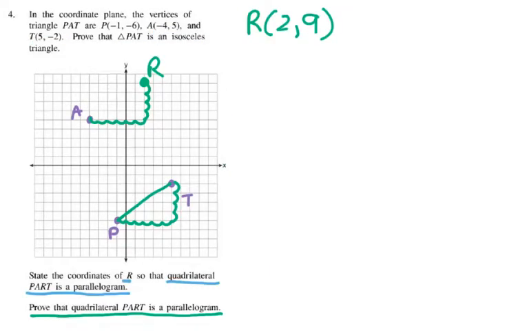Since I already counted my boxes easily here, I can find my slopes of both AR and PT. So I can write that the slope of AR is equal to, again, just counting my boxes, I moved 1, 2, 3, 4, 5, 6, and 1, 2, 3, 4.